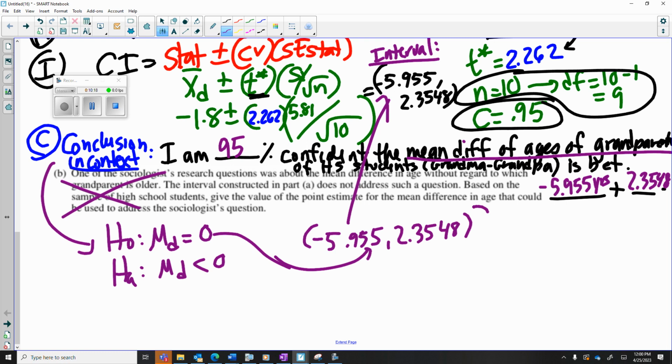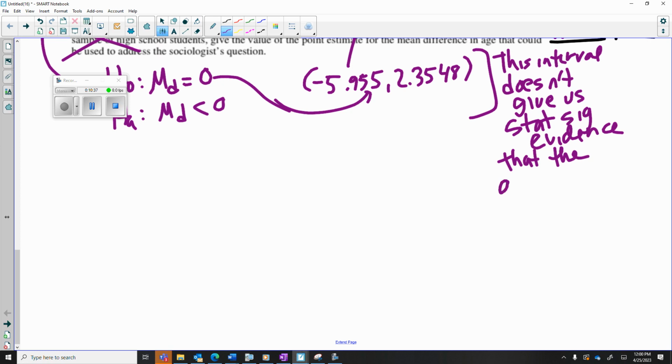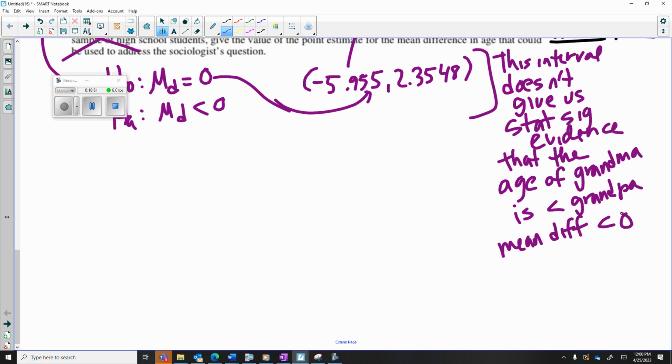So that's what I wanted to say about this: this interval does not give us clear evidence, I'll say statistically significant evidence, that the age of the grandma is less than the grandpa, or that the mean difference is less than 0, because it could be positive, it could be negative, it could be 0. 0 is contained in the interval, so you fail to reject the null.